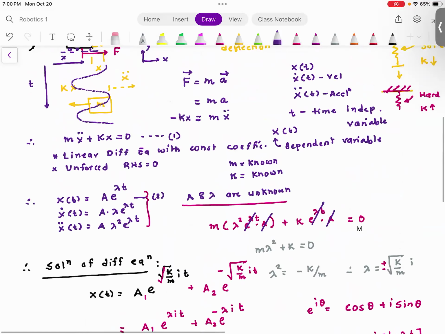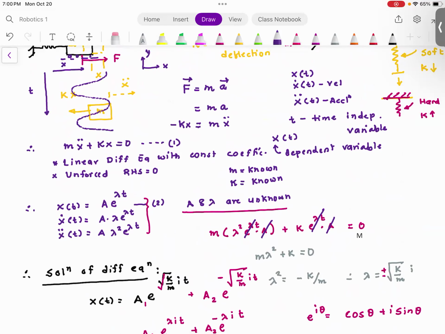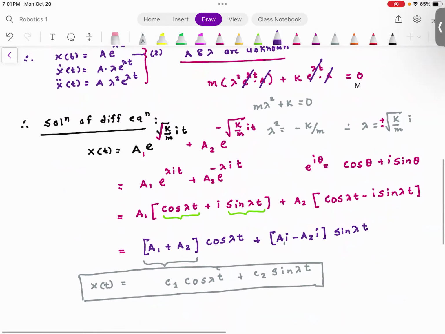What it means is that you have this mass going back and forth, performing simple harmonic motion, and the simple harmonic motion comprises a sine component and a cosine component. Magnitude of cosine component depends upon the initial displacement, and magnitude of sine component depends upon the initial velocity. So these are the two constants, and this is the real solution of the differential equation. Everyone understood this?